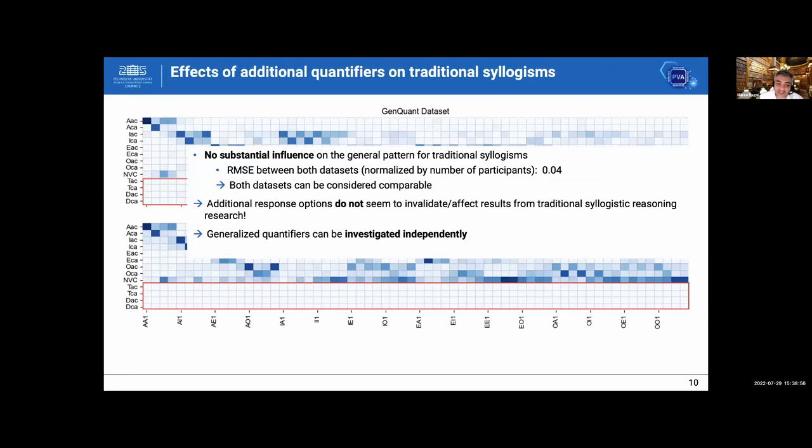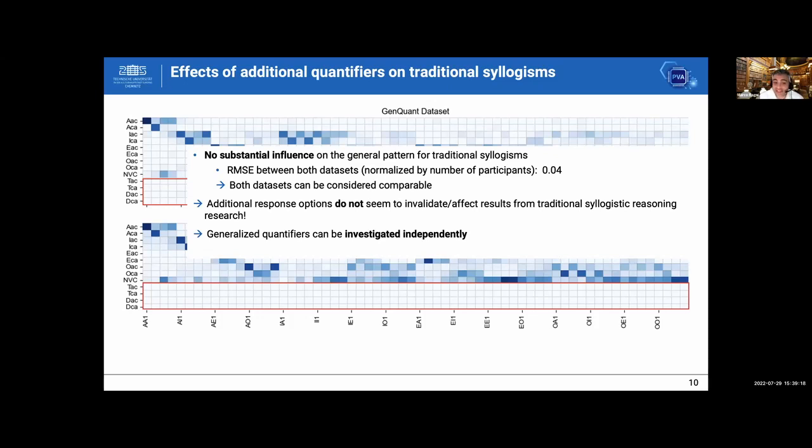There is no substantial influence on the general pattern for traditional syllogisms, just looking at the kind of answers that have been given. The RMSE between both data sets, normalized by the number of participants, is 0.04, so this can be considered comparable.